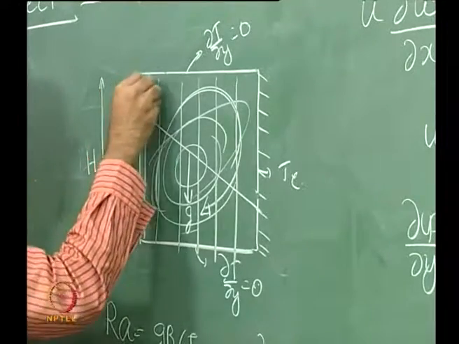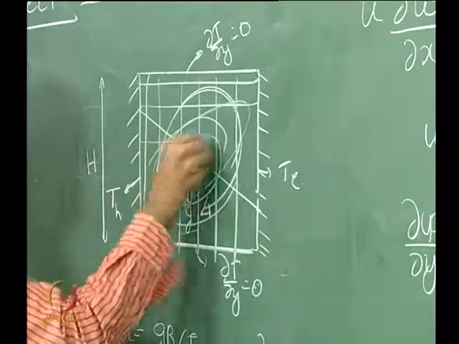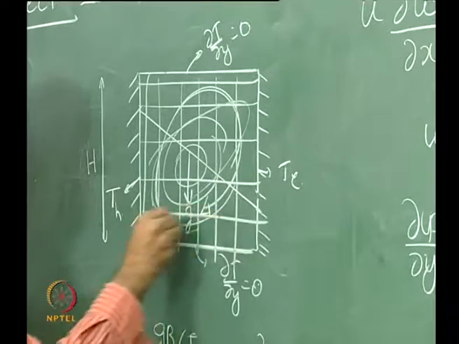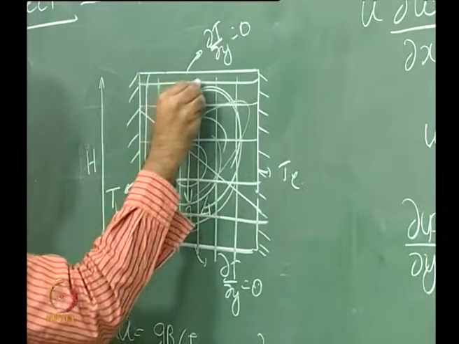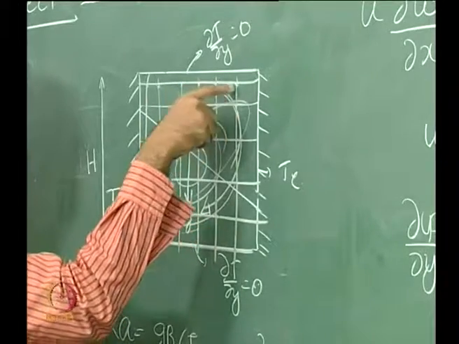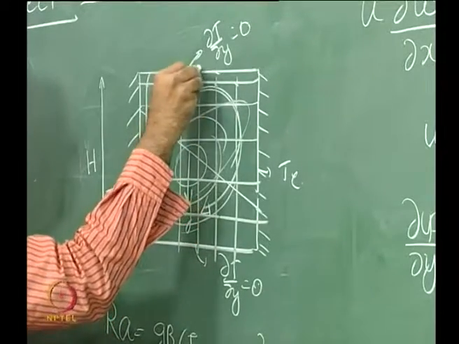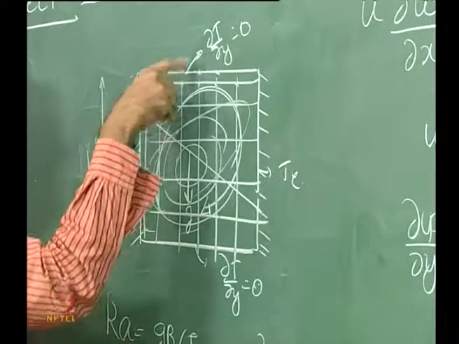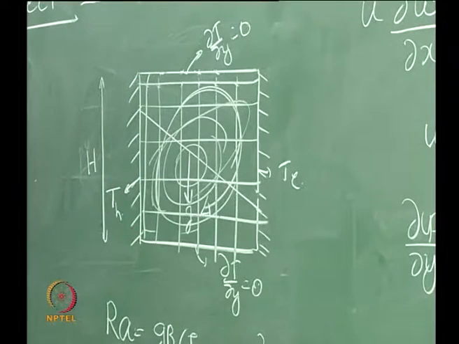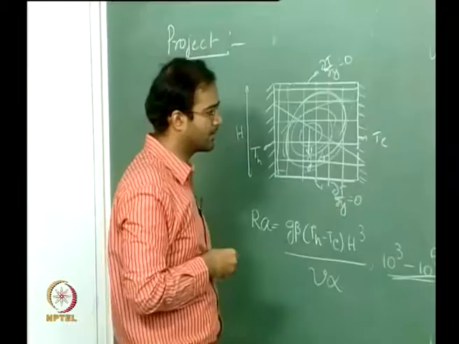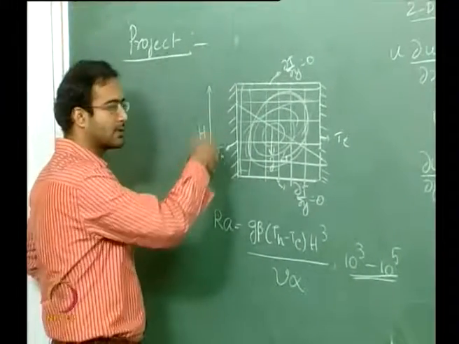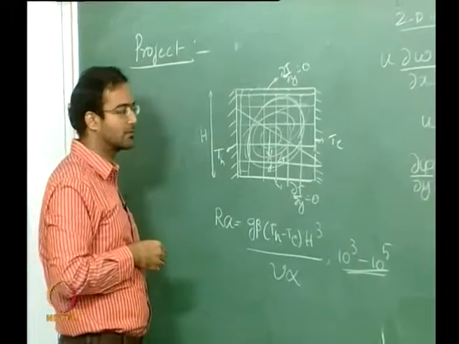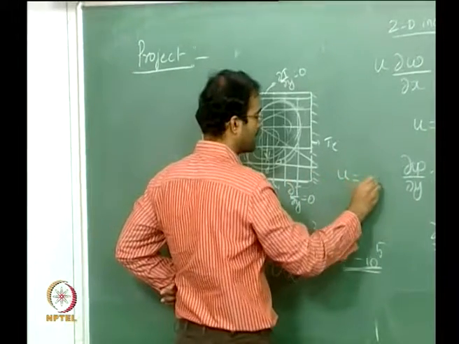You divide the domain into your grid, and you have your locations where you are solving the governing equations, and then at the boundary at the top and bottom you simply extrapolate from the interior point. And as far as the boundary condition for stream function is concerned, you have to apply the no slip condition at the walls, u equal to 0 and v equal to 0.